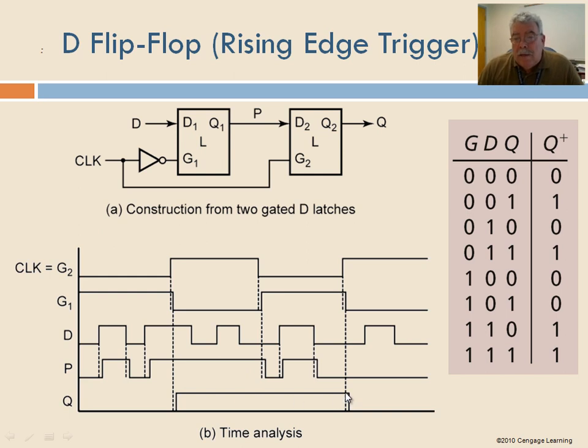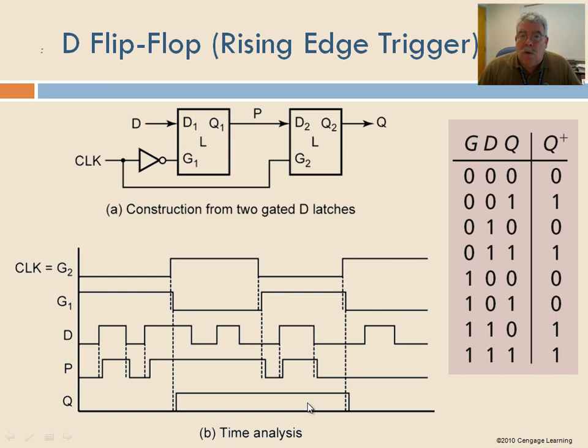It will do the same thing in the next cycle: whenever the clock goes from 0 to 1, we pick the value of D, which in this case is 0, and therefore that's the value of P.